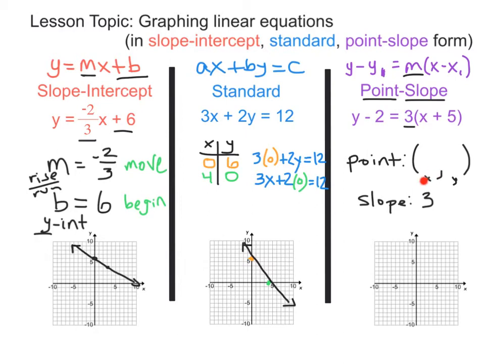So let's find the x value. Well, here's an x right here. So that's a hint. Wherever x is, whatever's next to it is going to help us fill in our x value for our point. You might be thinking it's 5, but it's not 5. It's actually going to be negative 5. And the reason for that is the general form of point slope form has a minus sign right here.